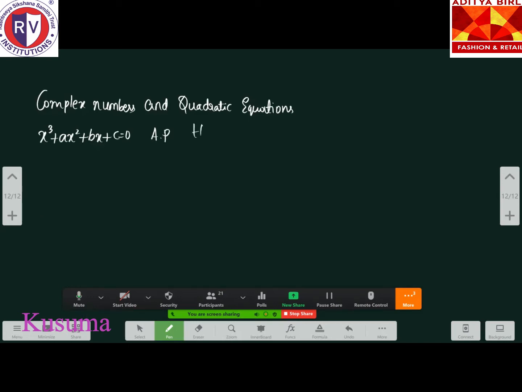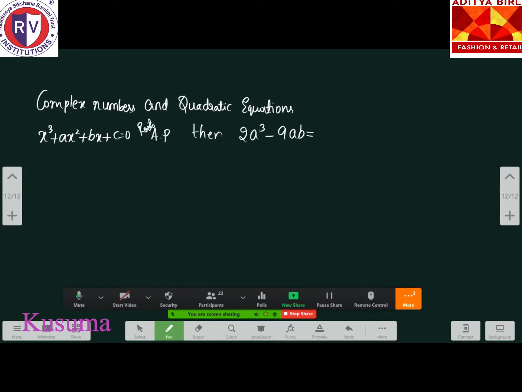then the value of 2a cube minus 9ab is equal to. Here a cubic equation is given, which is x cube plus ax square plus bx plus c is equal to 0, and the roots are given to be in AP.